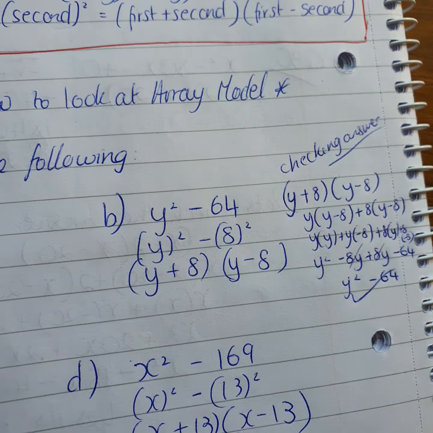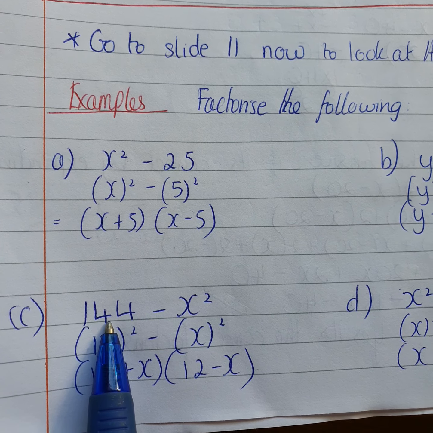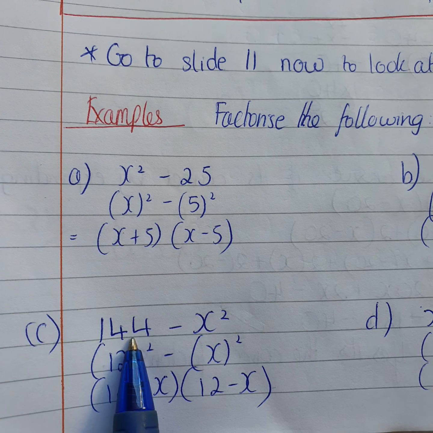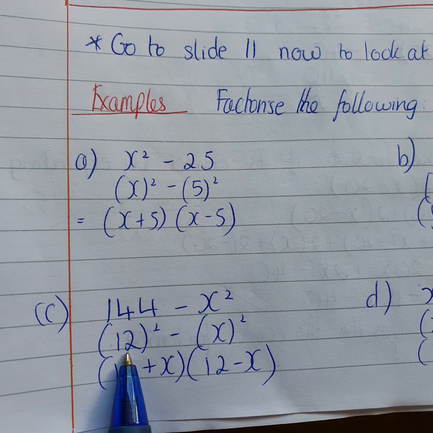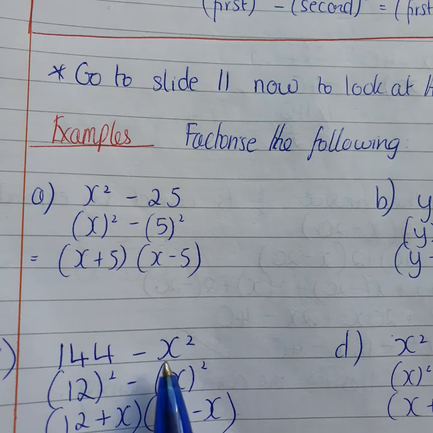Okay? The next one then is just in a slightly different order, but it's the same method. We're factorizing 144 minus x squared. So 144 is a squared number because what you multiply by itself twice to give you 144 is 12. X squared is a squared number because what you multiply by itself twice to give you x squared is x.